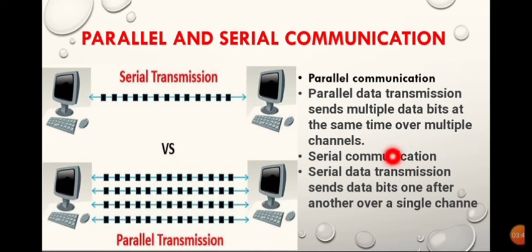Parallel communication means data transmission sends multiple data bits at the same time over multiple channels. But in the case of serial communication, data transmission sends data bits one after another over a single communication channel. Here we use a single communication channel, but for parallel we have to use multiple communication channels. This is parallel and serial communication.